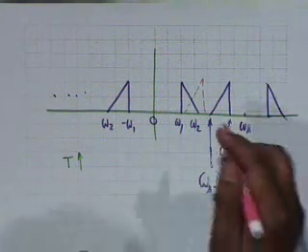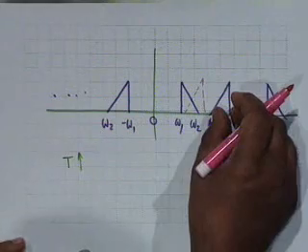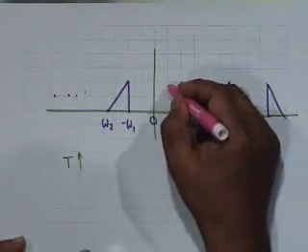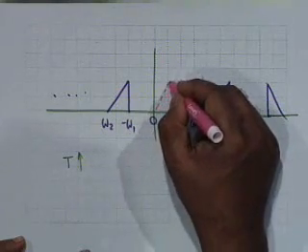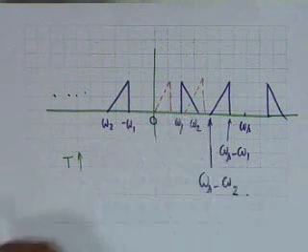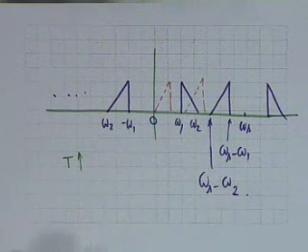All right. But suppose we shift it beyond this, follow this carefully. Suppose we shift it like this. Then obviously there is no overlap. Isn't that right?